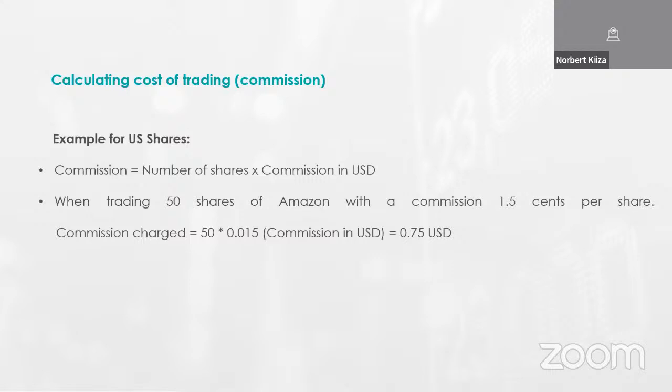So if, for example, you've bought 50 Amazon shares, you'll multiply 50 by 1.5 US cents to know the amount of commission that you will pay. For this example, you'd end up paying 75 US cents for that contract of 50 shares.